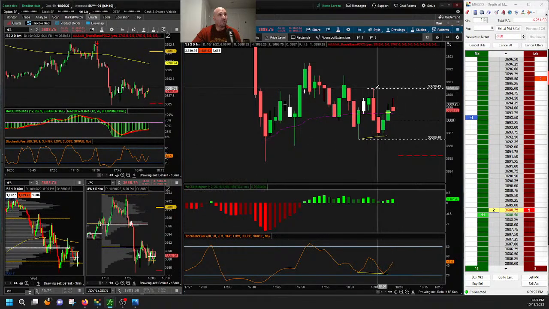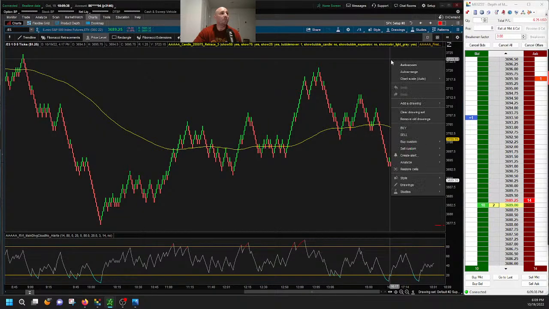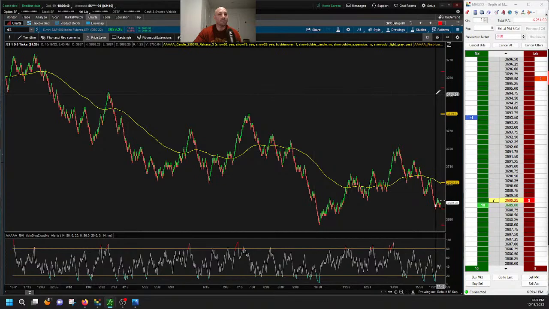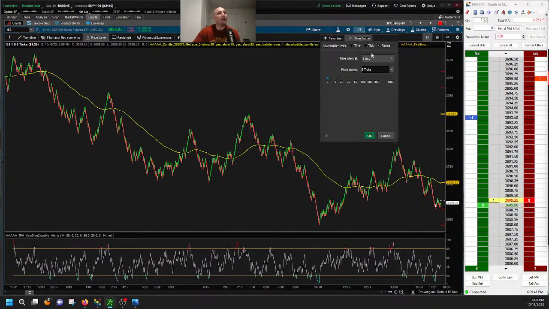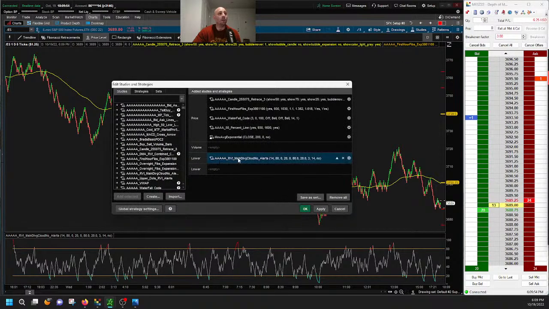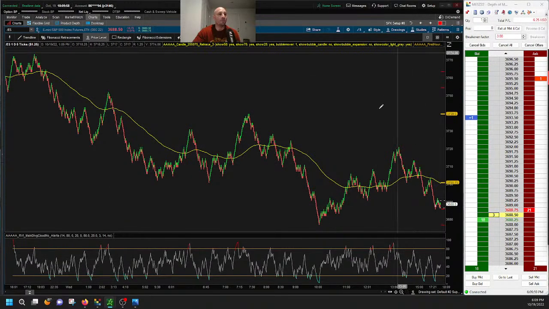So right inside here, we are looking for a potential break higher, break lower. Now, I'm going to bring something new into this chart right now. Right here, look at this. This is a 5 range Renko bars, 1 day, 5 minute. I have an RVI, my RVI that I use with my tick charts.